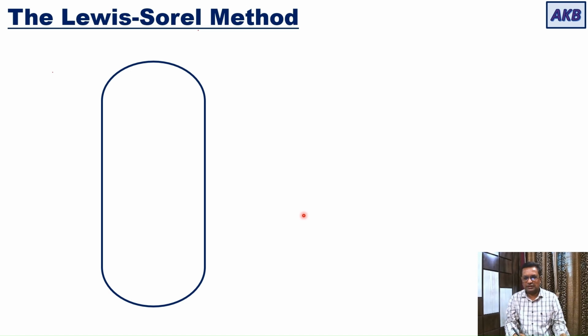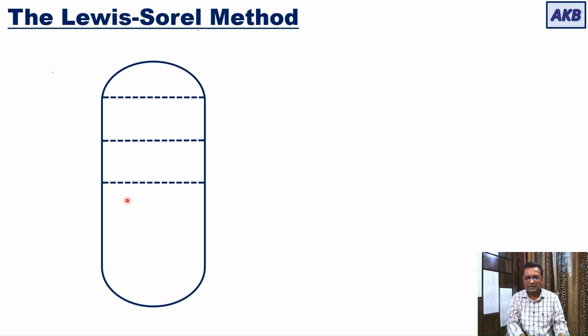Let us first look at a typical tray column. I have used this in all of my discussions on tray columns. Let me briefly describe this to you once again. You have a typical cylindrical vessel in which you have trays. These dashed lines represent trays, and I am numbering them.